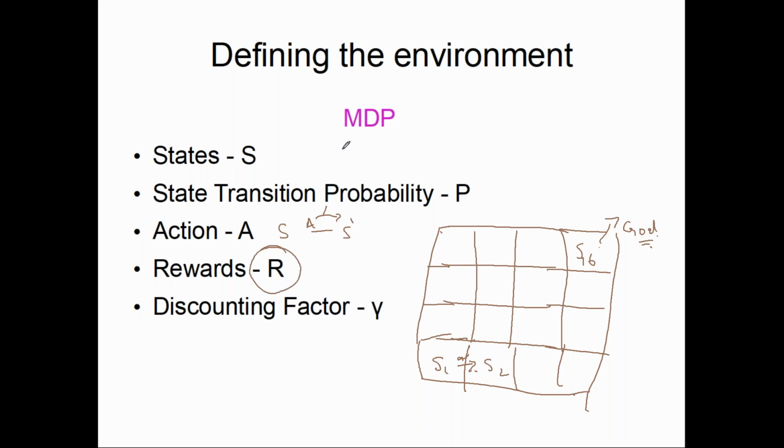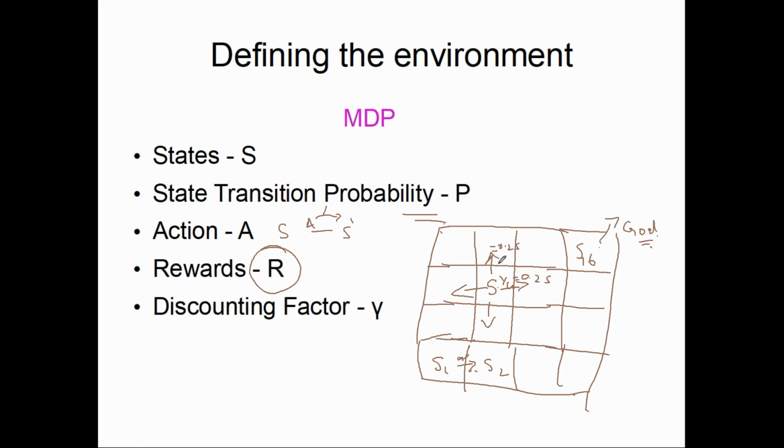So MDP talks about states, the various positions where the player could be placed. Then, I just missed out on probability. Let us take a particular state. From here it could go to one of these four places, so the probability of moving to a particular state is 1 by 4, or 0.25.